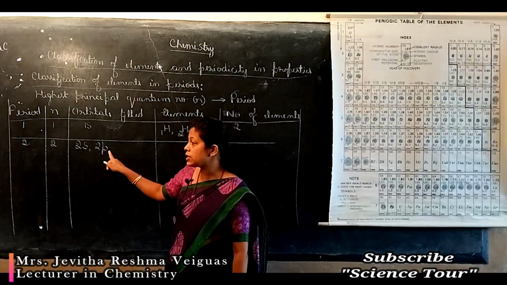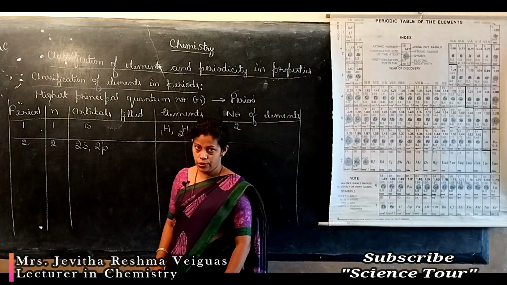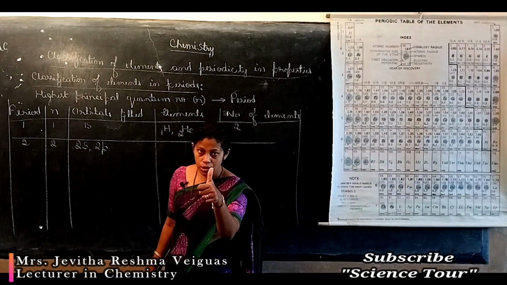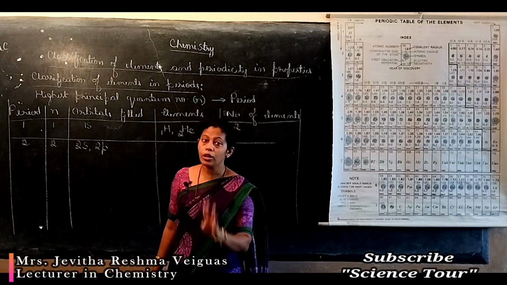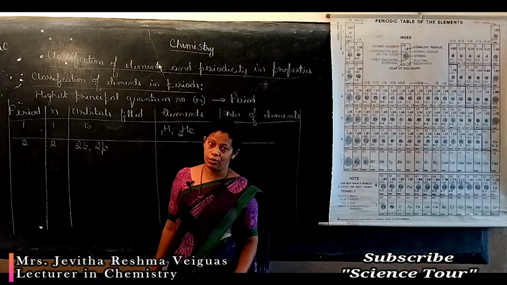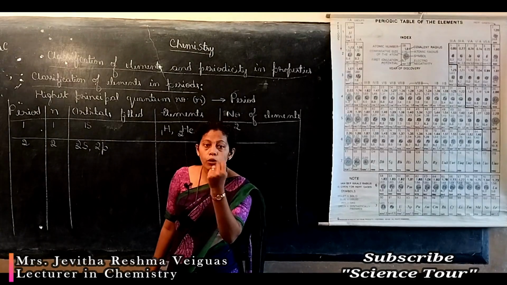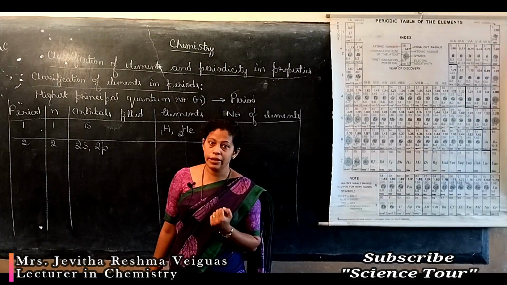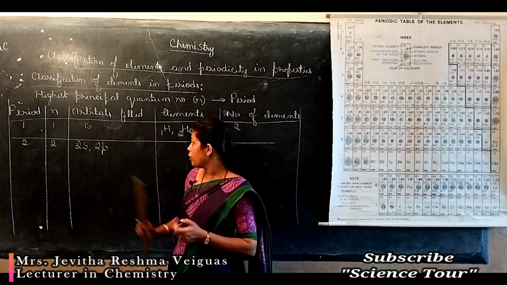Totally 3 orbitals come under the 2p orbital. So totally we have 4 orbitals. Which are they? 2s, 2px, 2py, 2pz. There are totally 4 orbitals in which we can accommodate 8 electrons. Why? Because in an orbital we can have 2 electrons. So totally we can have 8 electrons in the 2s and 2p orbitals.